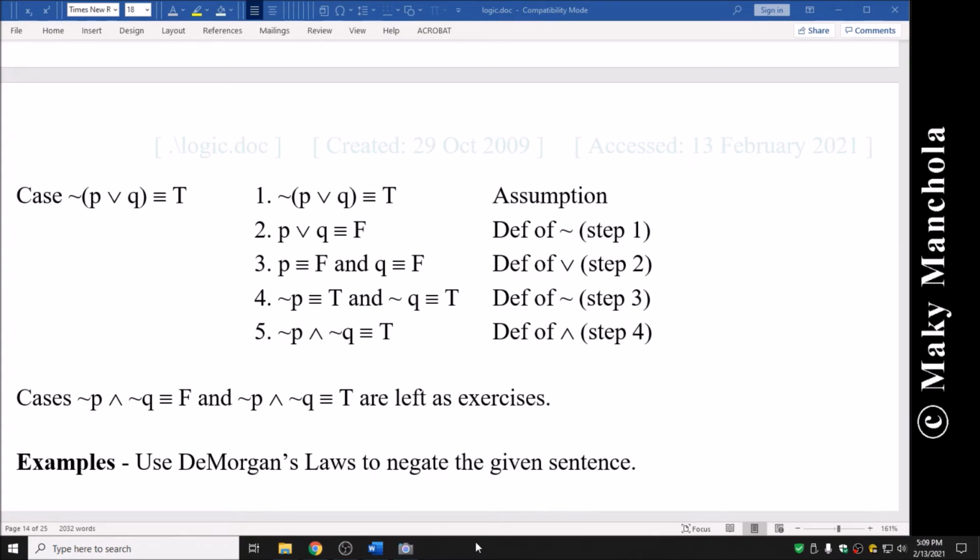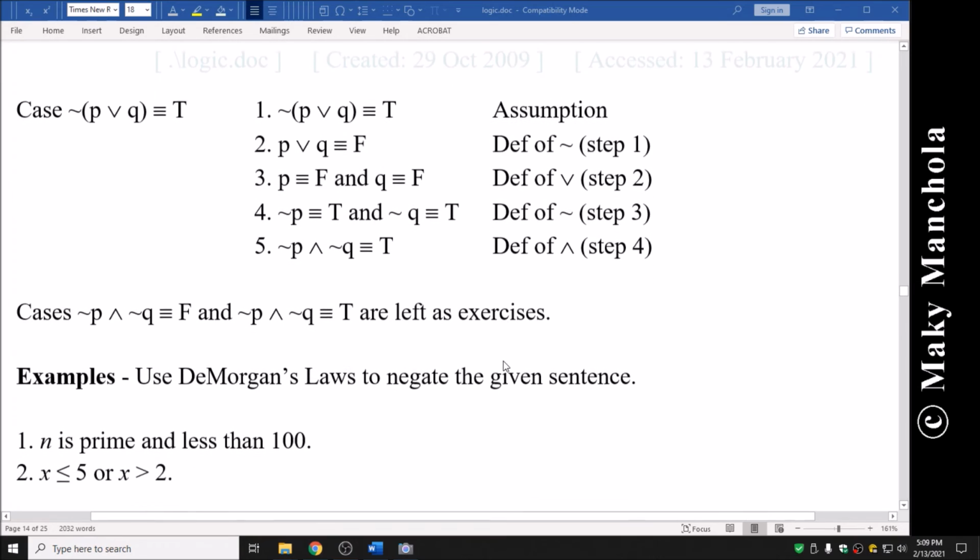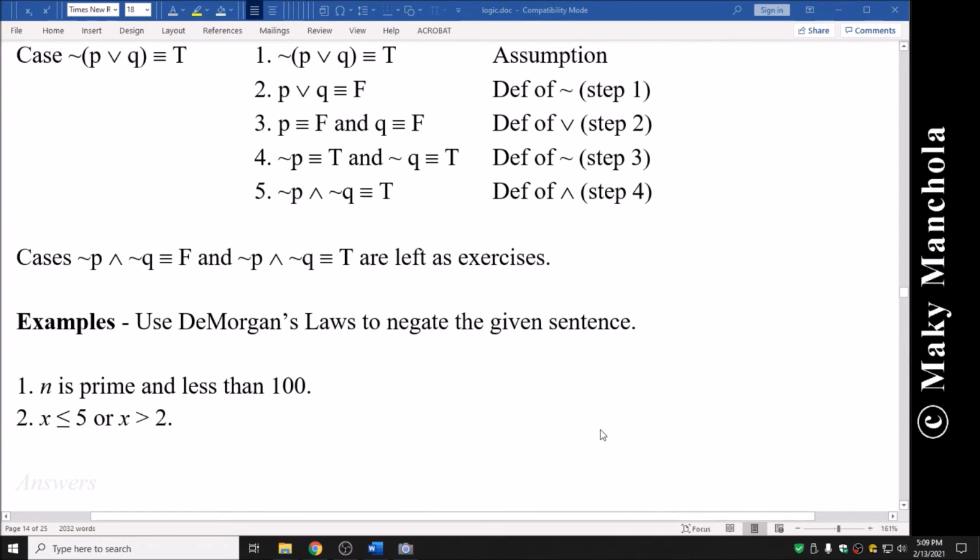Now let's do some examples. Use DeMorgan's laws to negate the given sentence. In number 1, n is prime and less than 100.